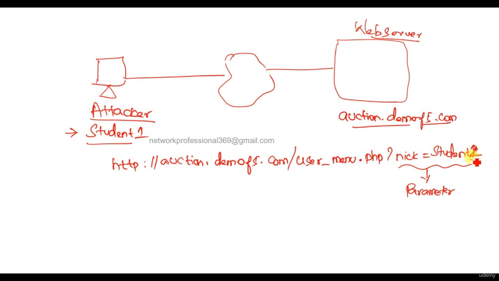Or if he puts student3, he can get information about student3, or some other name like Shiva, or whatever the student name is. If he explicitly knows the username, he can directly put the username and get the information about that user. Or else he can put a star, and he can get the information about all the users. That is also possible. So this is what parameter tampering is.